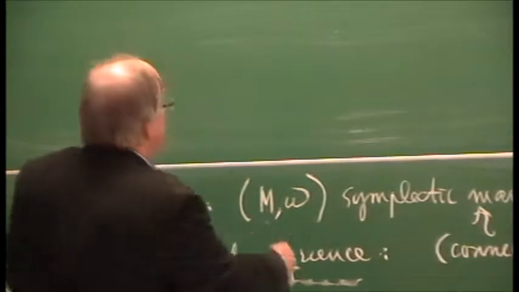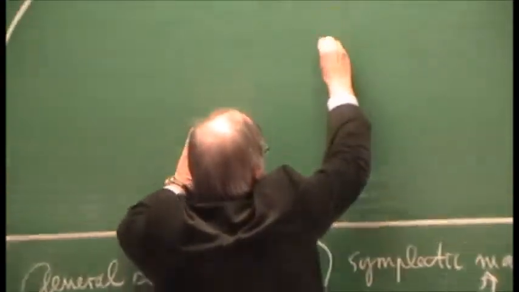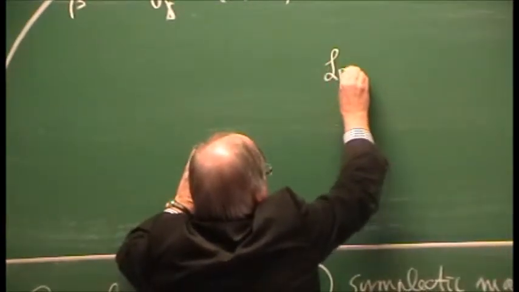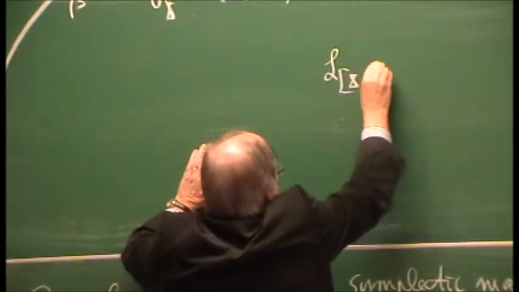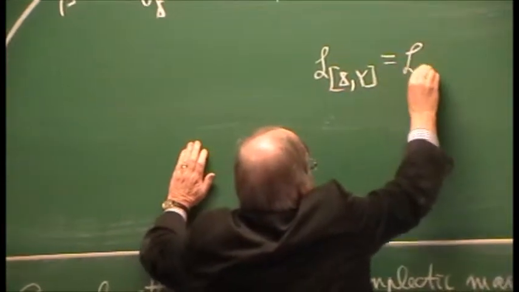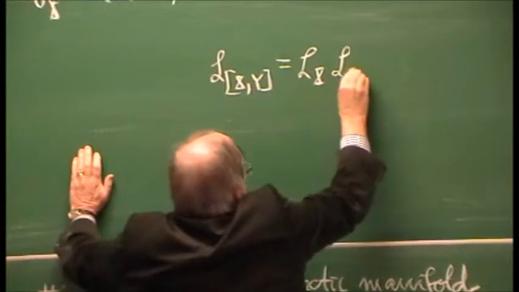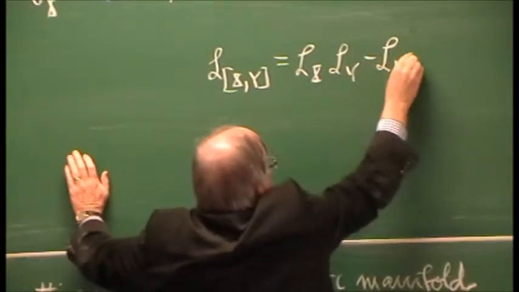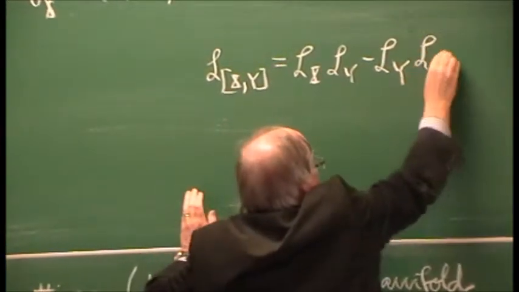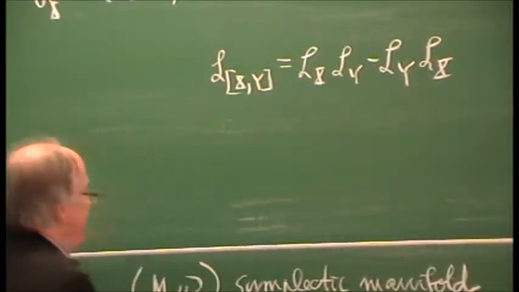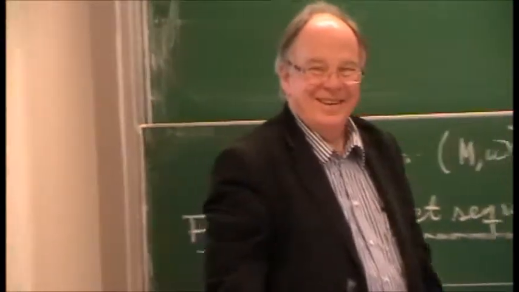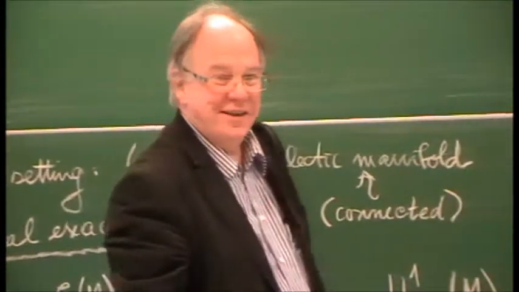So, in fact, you can easily check that the Lie derivative of the bracket is the bracket of the Lie derivative operators. I mean, if this isn't true, then nothing is true in life, and of course, therefore this is true. Yeah, and it's easy to check.